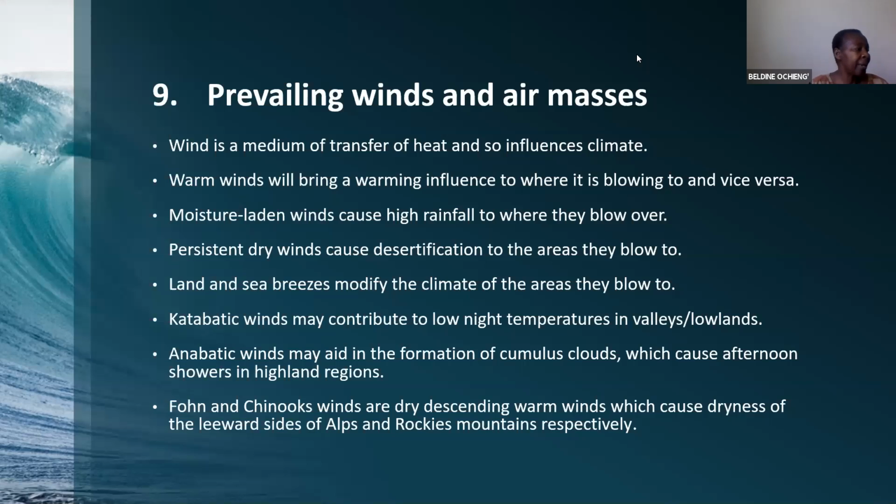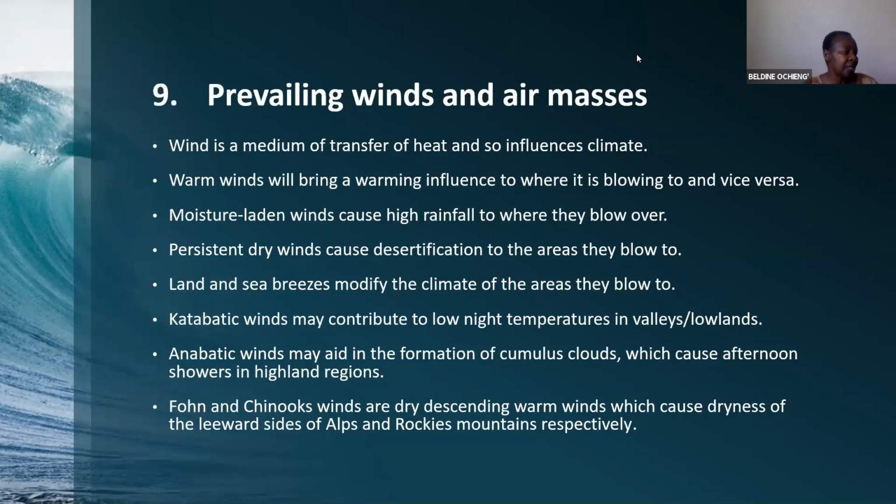Other local winds like land and sea breezes modify climate of the areas they blow to. We know land breeze and sea breezes. We also remember the katabatic and anabatic winds.